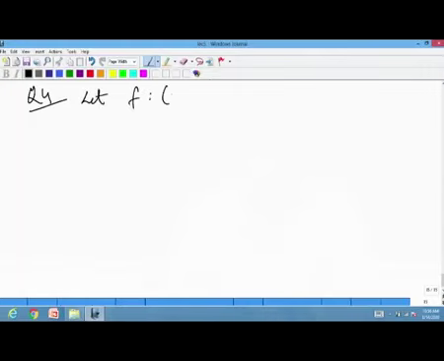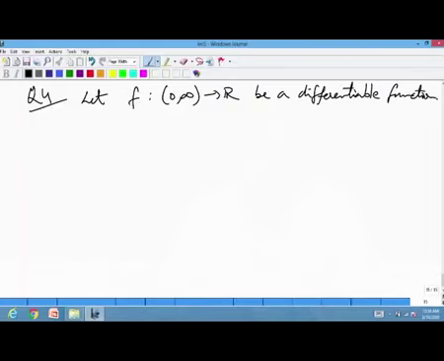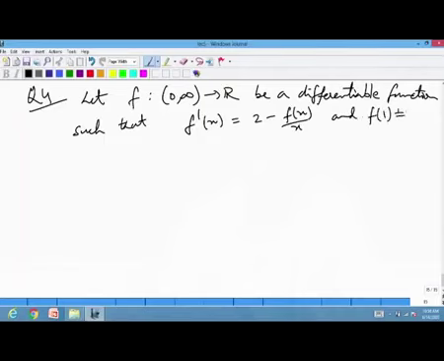Let f from (0, infinity) to R be a differentiable function such that f prime x is equal to 2 minus f x by x and f 1 is not equal to 1, then which of the following options is or are correct?